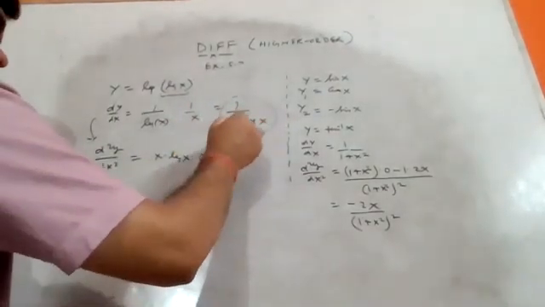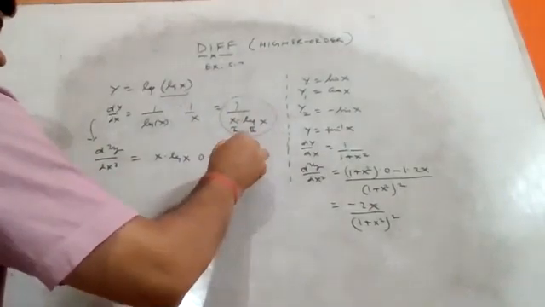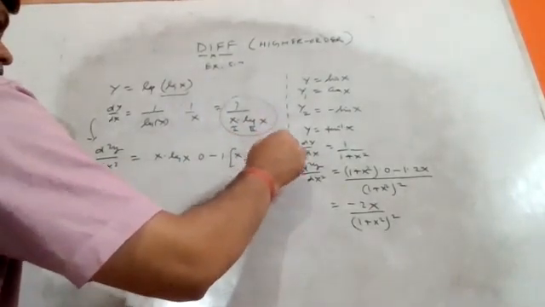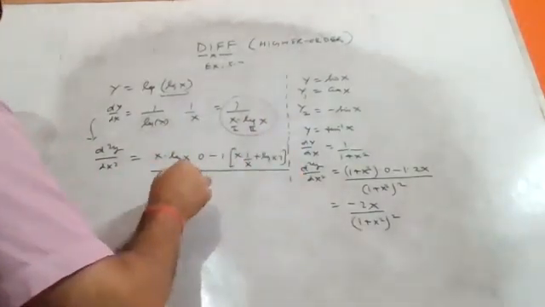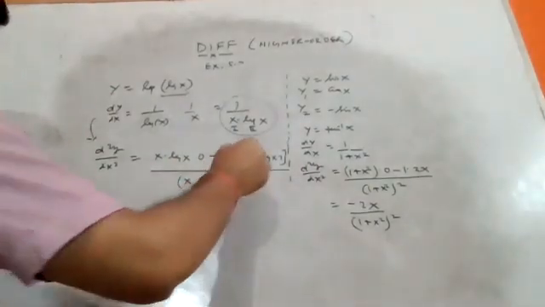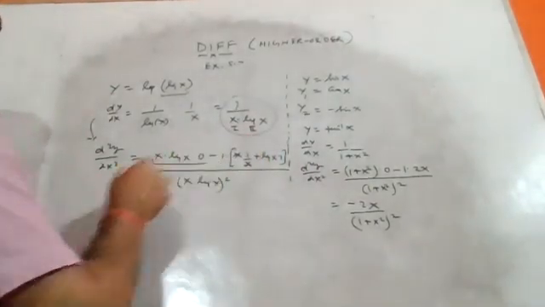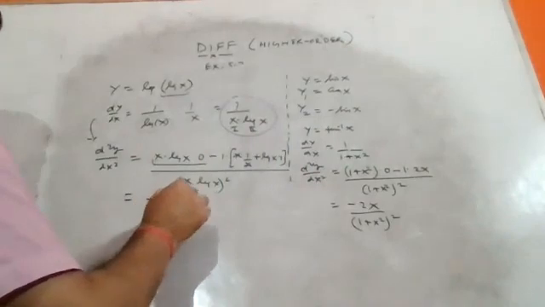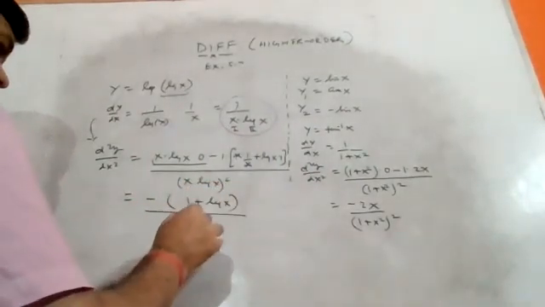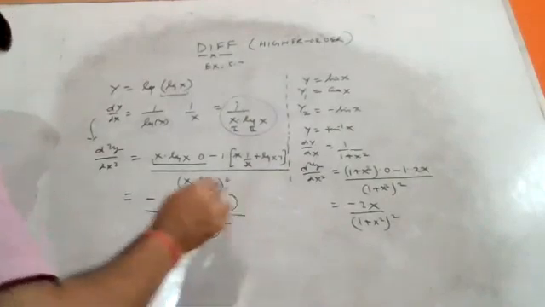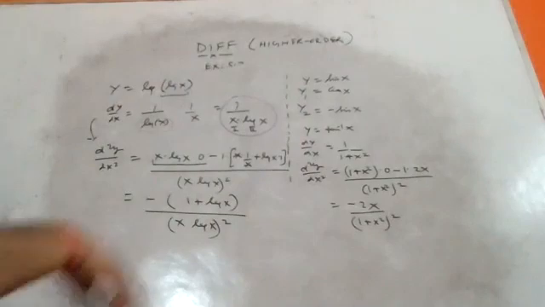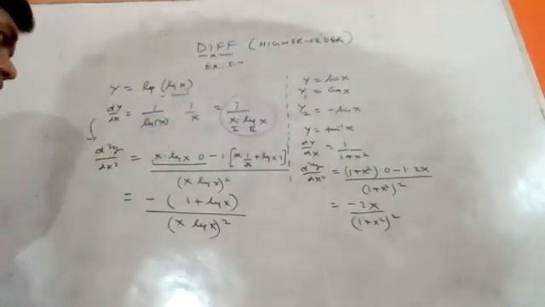For x log x, two functions, use the product rule: x times 1 upon x, plus log x times 1, whole divided by denominator whole square. The x cancels out, this will become 0. So minus (1 plus log x) whole divided by (x log x) whole square. This is your second order derivative of log of log x.